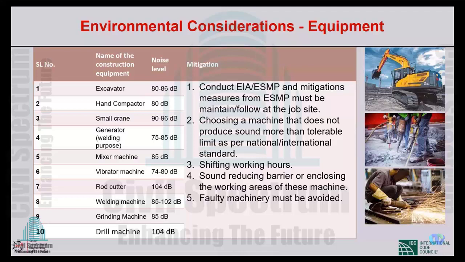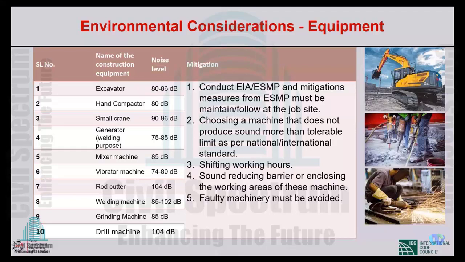Hand compactor 80 decibel. Generator 75 to 85 decibel. Mixer machine 85 decibel, vibrator machine 74 to 80 decibel, rod cutter 104 decibel, welding machine 85 to 102 decibels, grinding machines 85 decibels, drill machines 104 decibels.